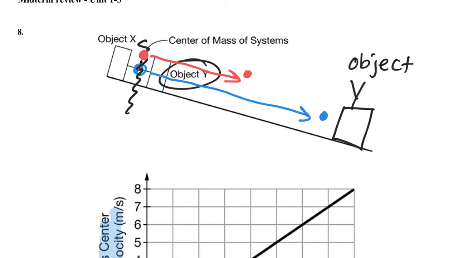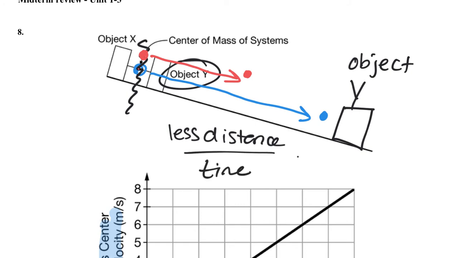So in the same amount of time, the second situation covers less distance. So it will obviously be going slower than the first situation.